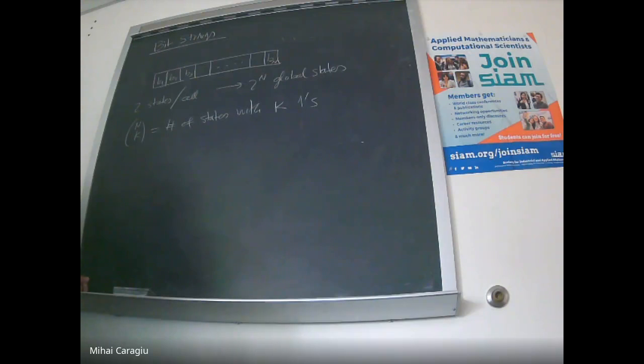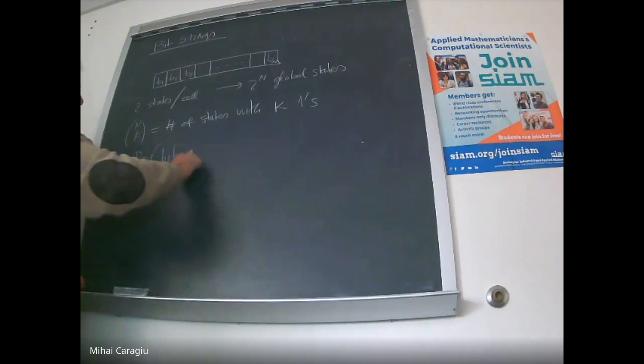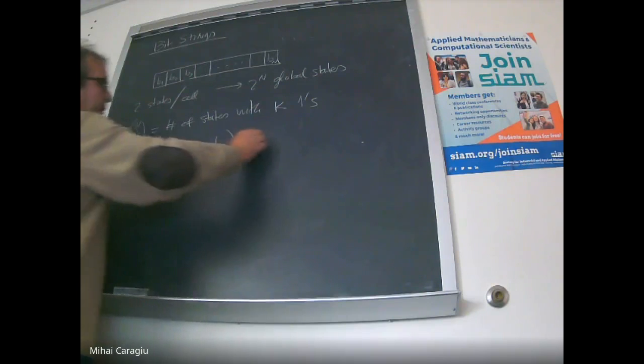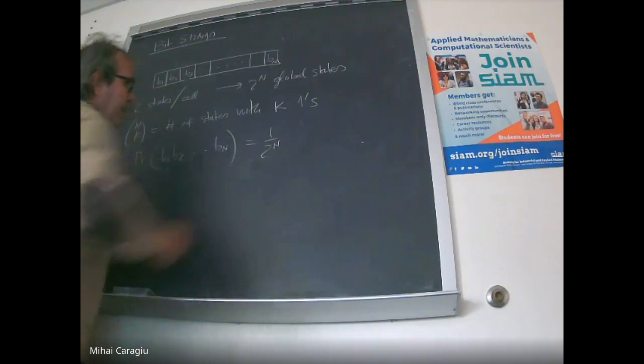On this system, let's assume that the states of the system are equally probable. So the probability for every state b1, b2 through bn of this string is 1 over 2 to the power n.